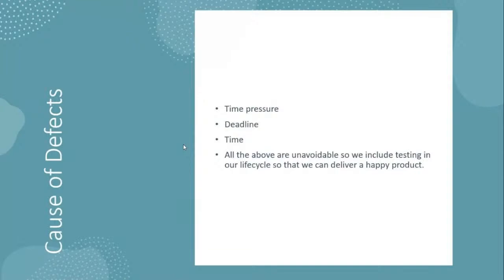Because at each and every stage we included testing, we reviewed the product which the developer had developed, and we gave the developer all our comments saying this is correct, this is not correct, this has to be changed. According to our views, in each and every stage the development process improved and it gave a happy product to the customers, where the client is happy, the customer is happy, and even we are happy with the product we have delivered.